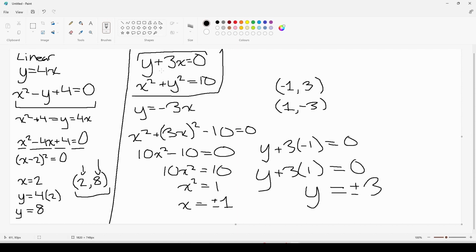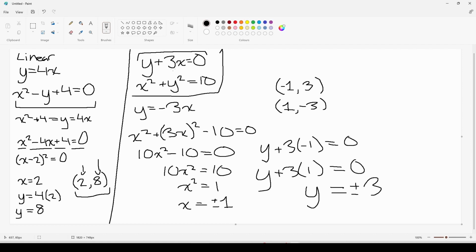We have something very similar over here with y plus 3x equals 0 and x squared plus y squared equals 10. Here we'll change our first top equation there, y equals -3x, which we can then sub in as our y to the second equation, making x squared plus bracket 3x bracket squared minus 10 equals 0, which equals 10x squared minus 10 equals 0, which tells us that 10x squared equals 10, which tells us that x squared equals 1, which then itself tells us that x is equal to positive or -1.